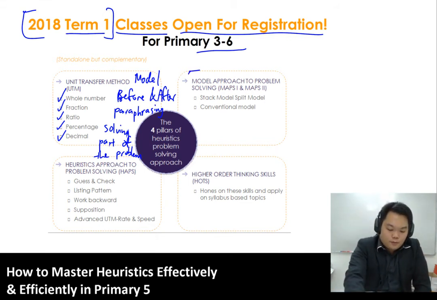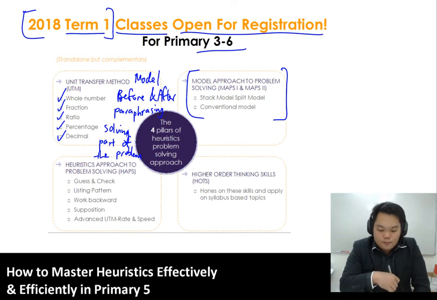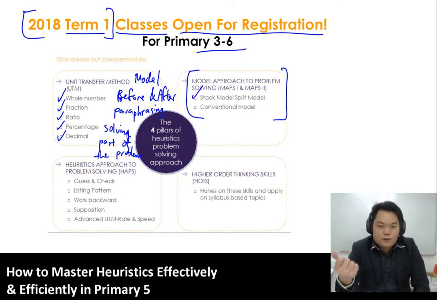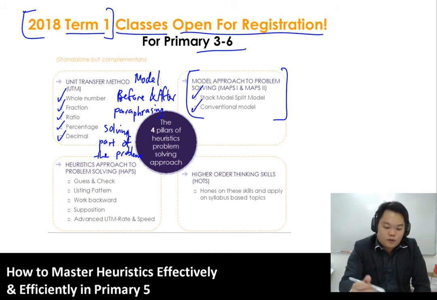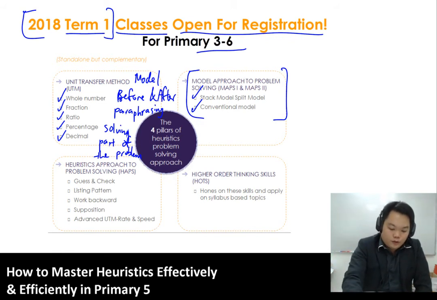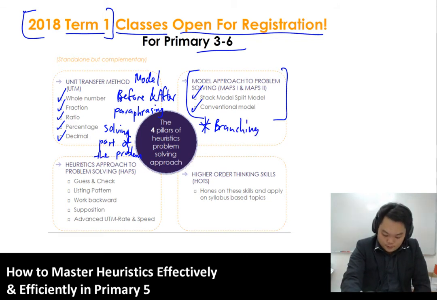In the model approach to problem solving, we will be covering the stack model and split model, and of course the conventional model. For some students who are not so visually inclined, we will also introduce them to branching.